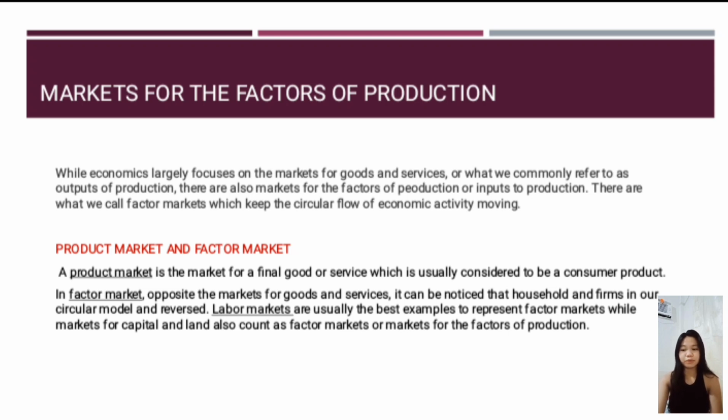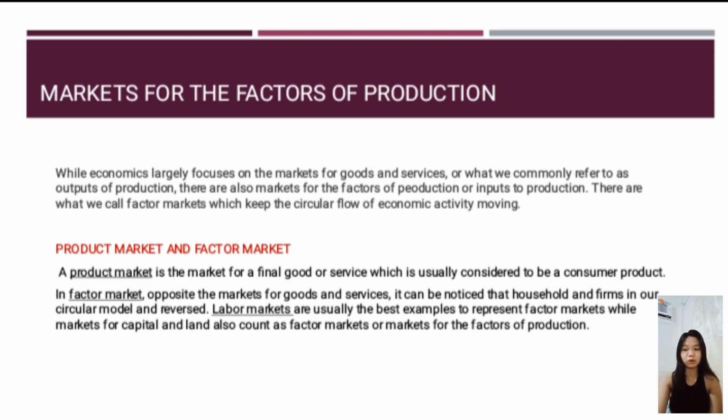So, product market and factor market. A product market is the market for the final good or service, which is usually considered to be a consumer product. Factor market is the opposite of the market for goods and services.